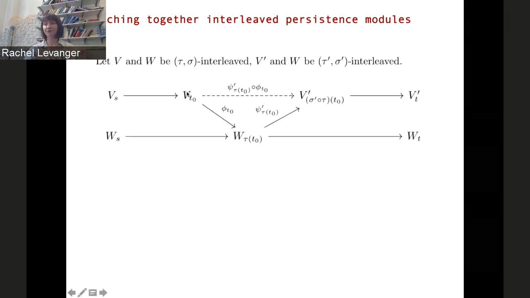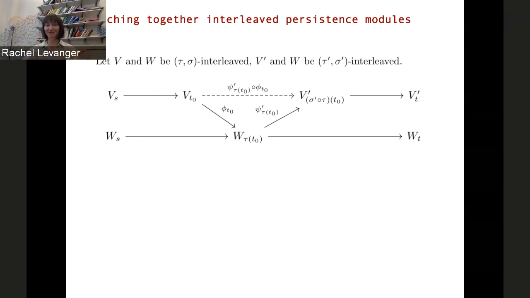Essentially what you can do is use these interleaving maps themselves to create that splicing map that goes across the top. So from the left side over to the point T naught, your original persistence module V, you jump down to W at tau of T naught, back up to V prime, and then you continue on the V prime track.